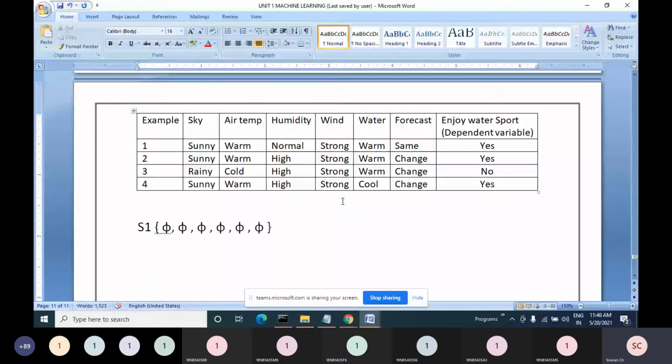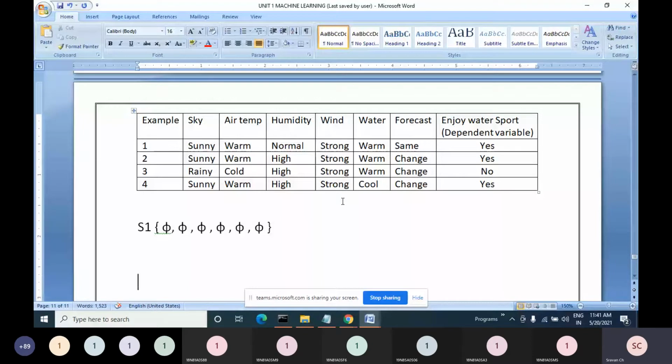So now friends, what is the difference between the Find-S algorithm and candidate elimination? If you remember, in Find-S algorithm, we consider only positive examples, and in candidate elimination, we consider both positive and negative examples also. Where the outcome is true, outcome is yes, where the outcome is 1, it is called a positive example.